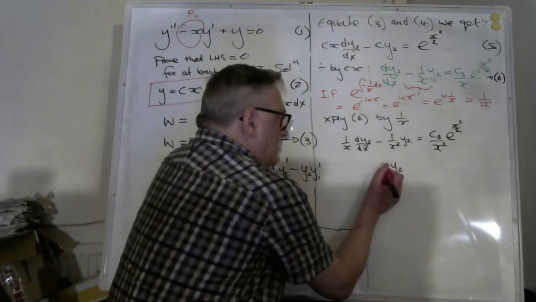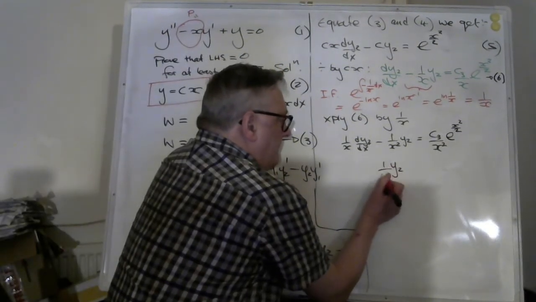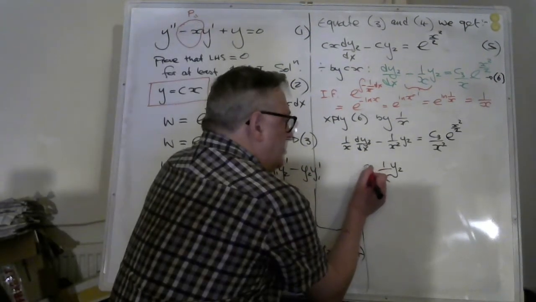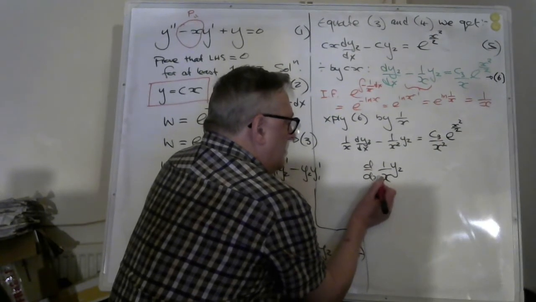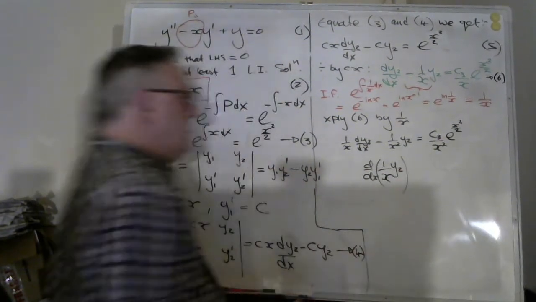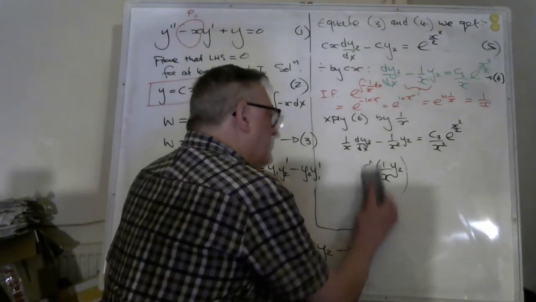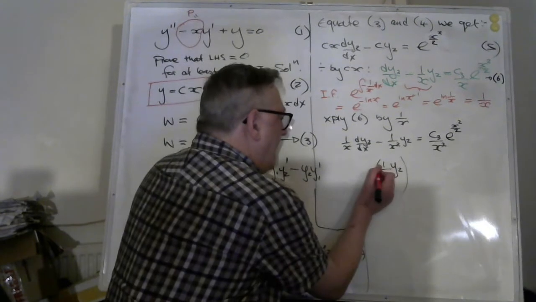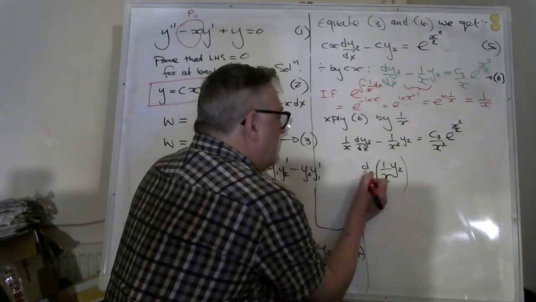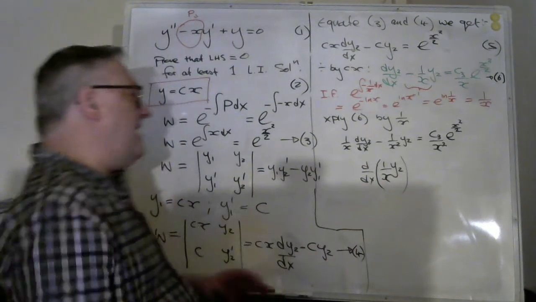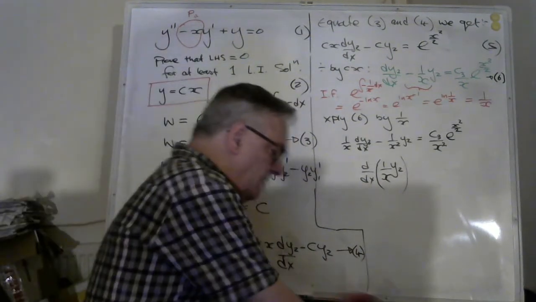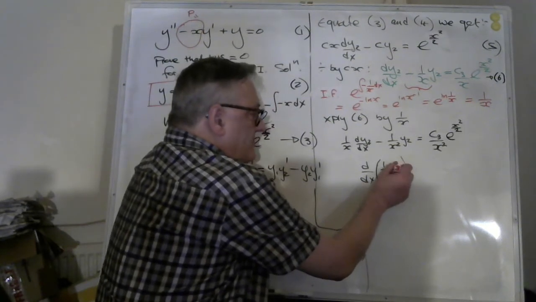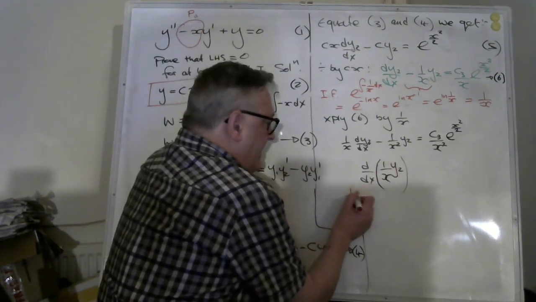As it turns out, that product is 1 over x times y sub 2, d by dx. Okay, because, and I'll just quickly run through this, when you differentiate the y sub 2, the 1 over x stays the same.